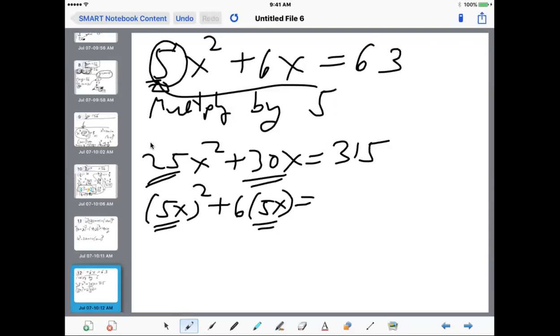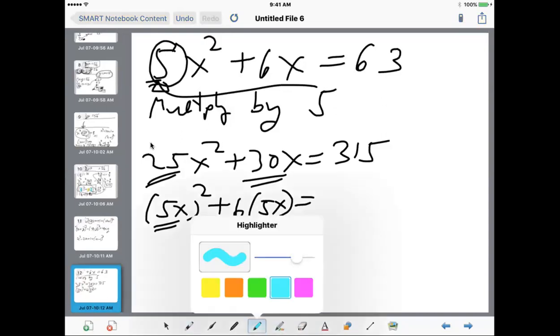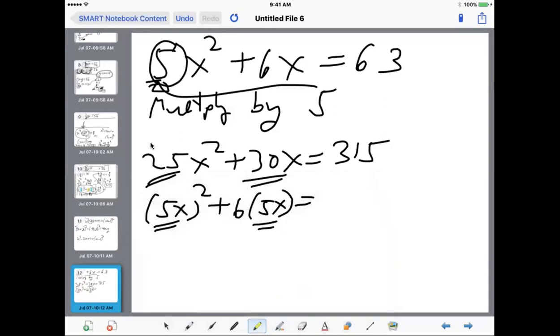Notice, if you will, that this 6 will always be the same as that 6 over there. And this is 315.